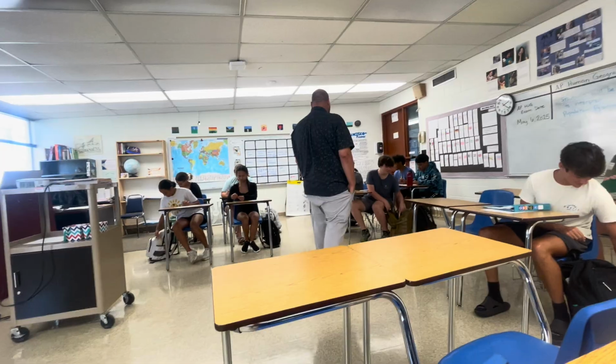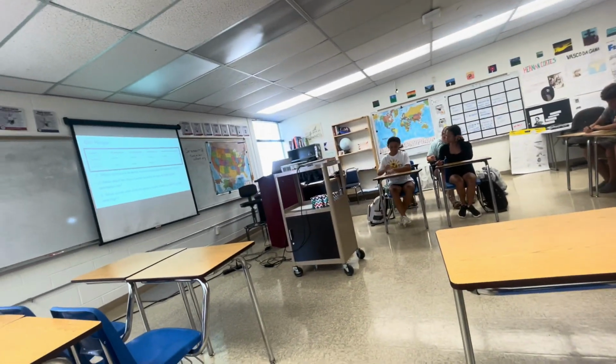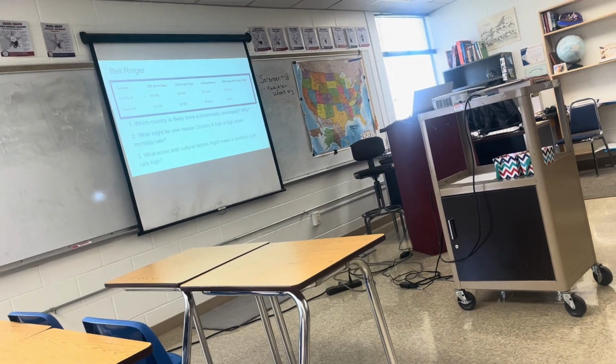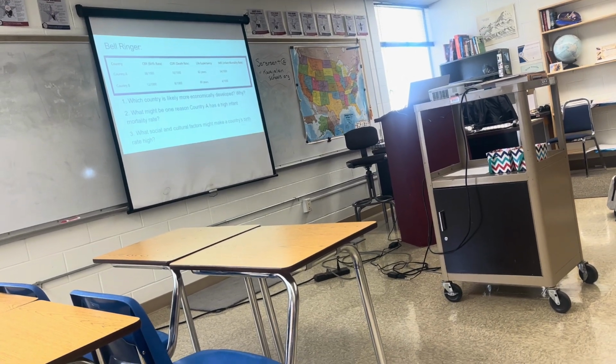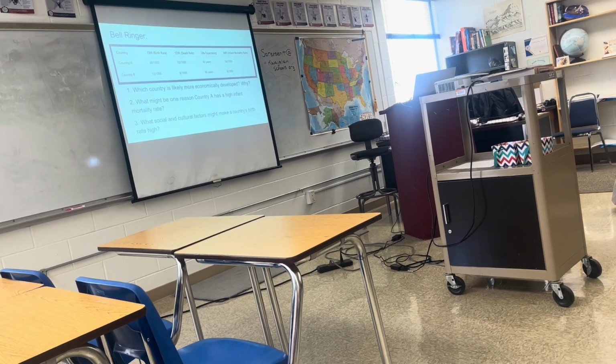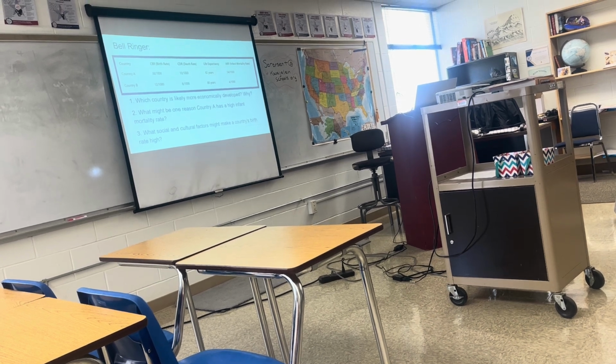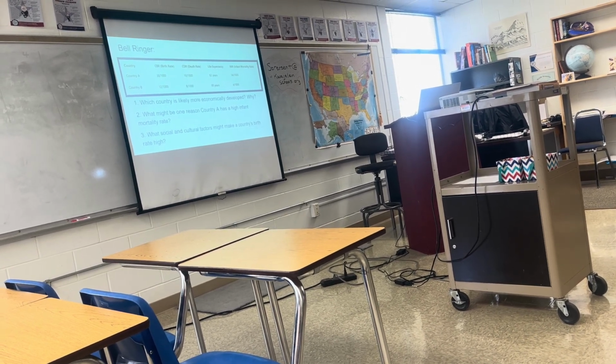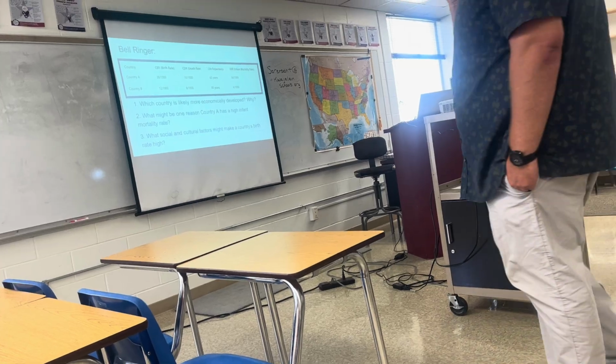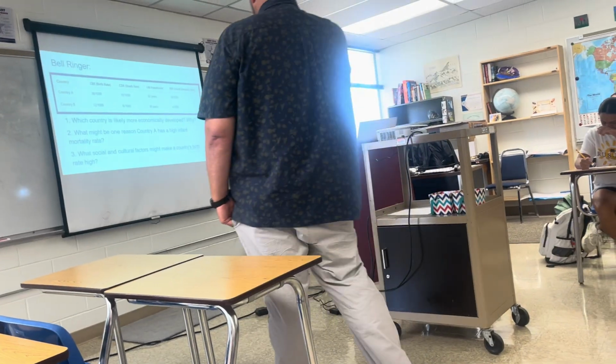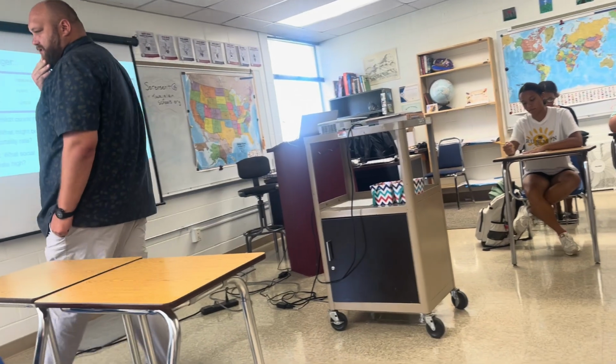Okay, let's go ahead and get going on this bell ringer really quickly. Take a look at this chart up here, guys, for our bell ringer. We've got two countries.